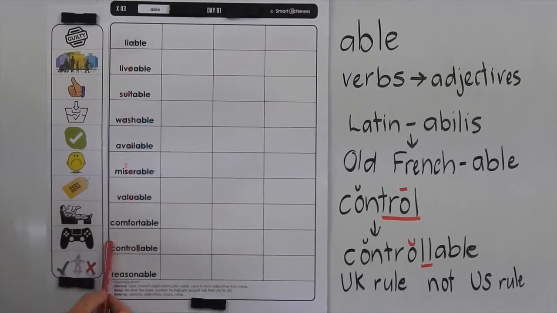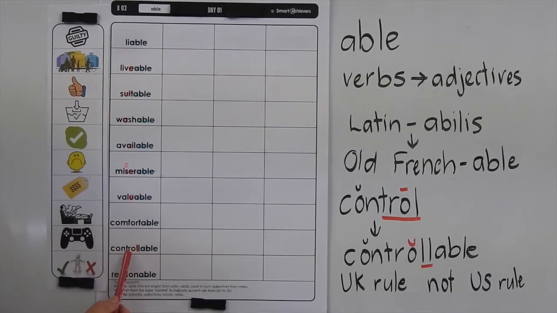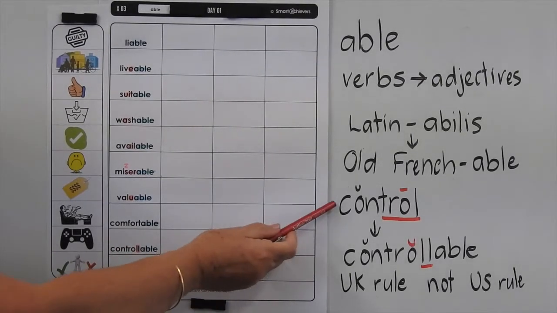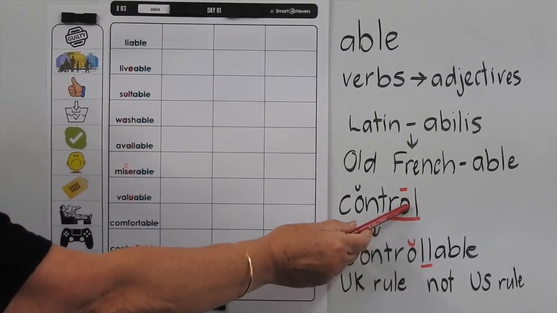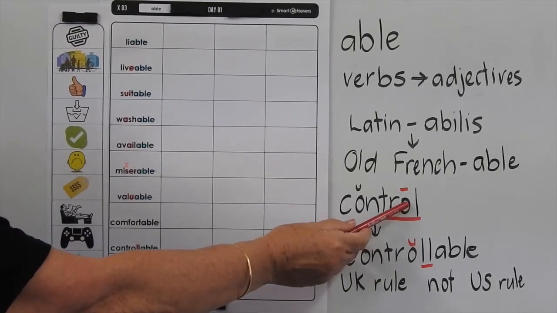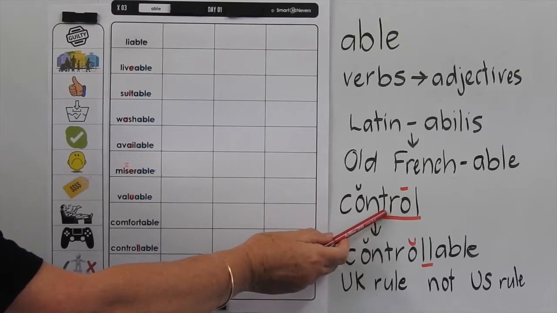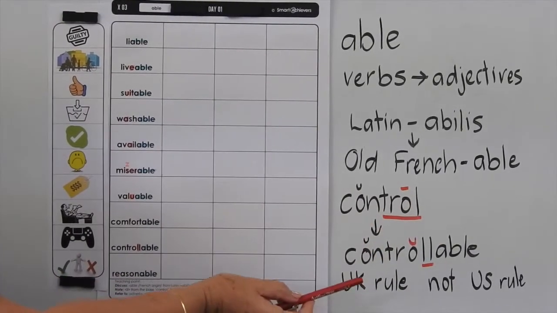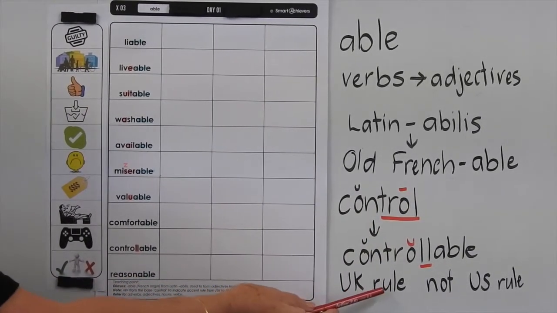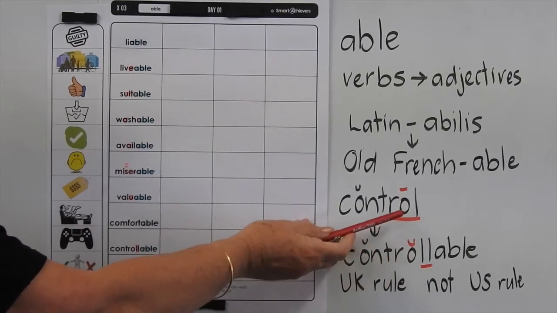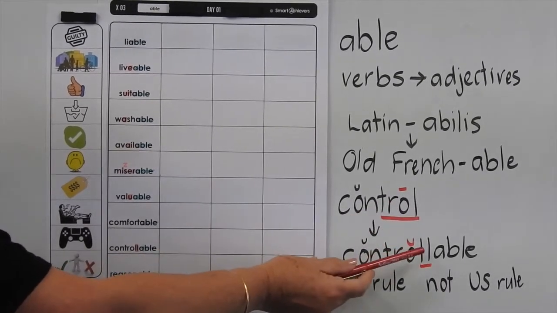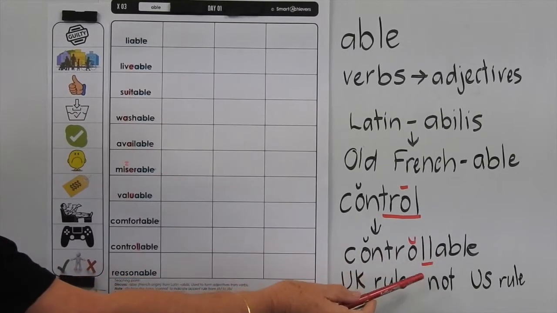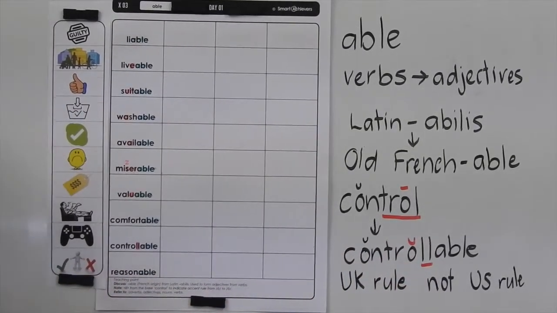Now, this word here, controllable, is really interesting. So in control, you've got a long O sound on the second syllable, and the emphasis is on the second syllable. So the British rule is that if the accent is on the second syllable, you double the L, whereas the American rule doesn't apply here.